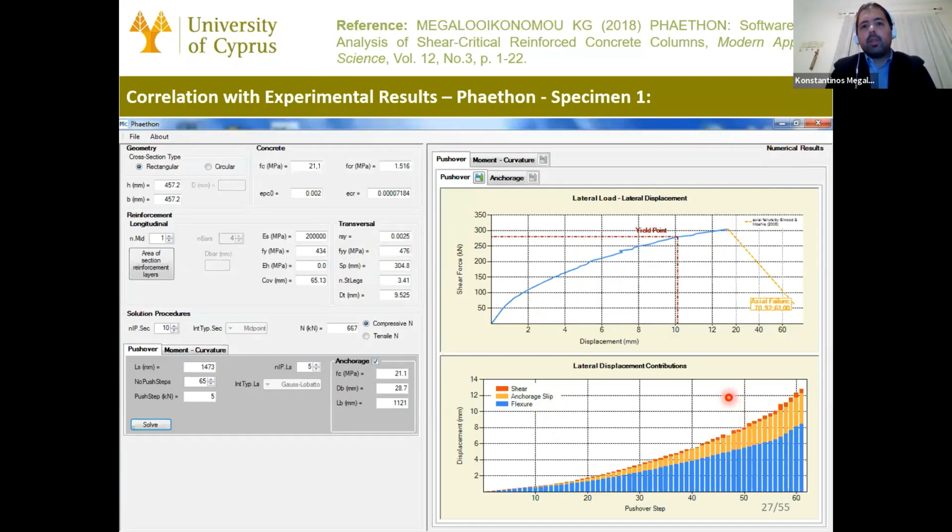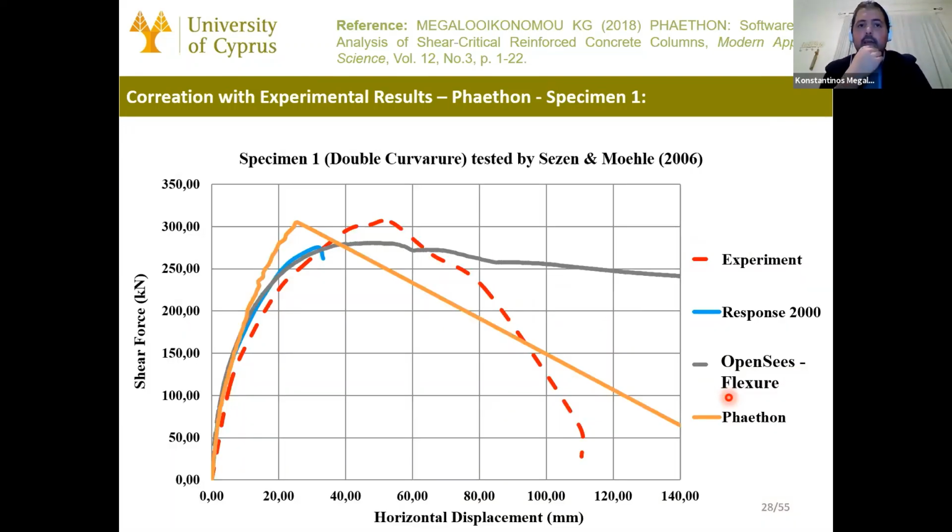And if you compare that to the experimental one, but also to what other software gives, OpenSees of course considered only the flexure case. With gray, you can see the flexure response with a force-based fiber element in OpenSees.